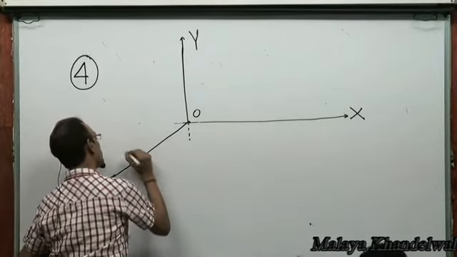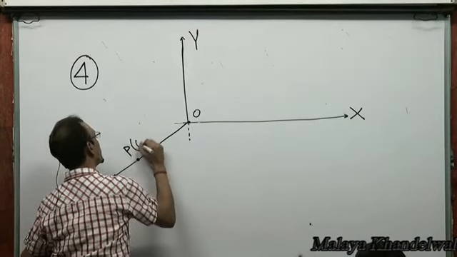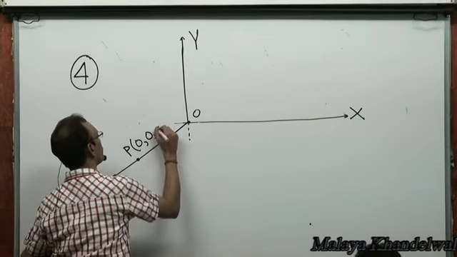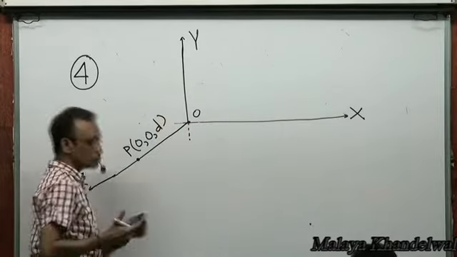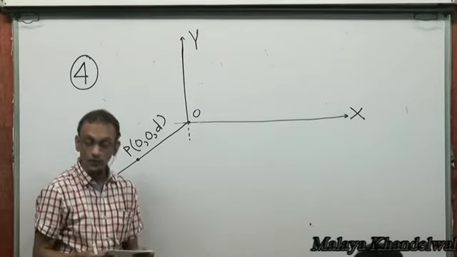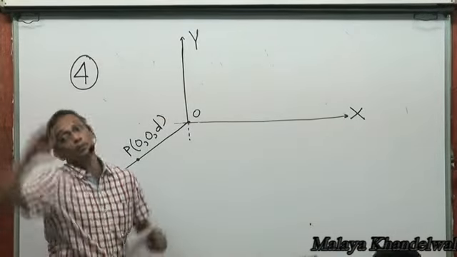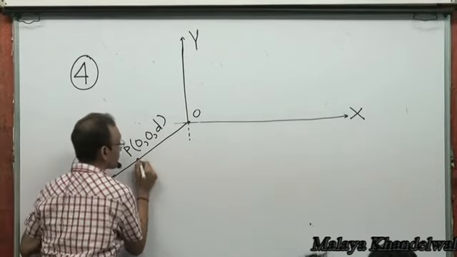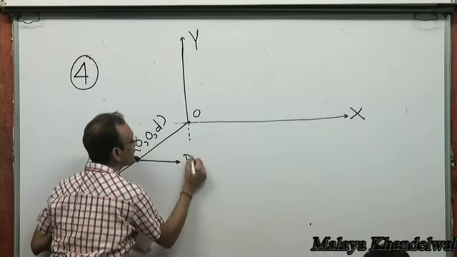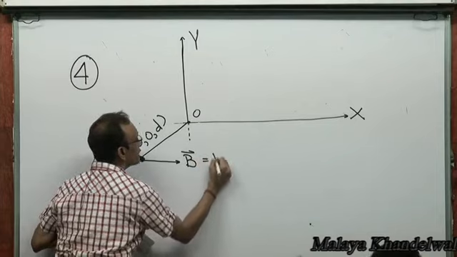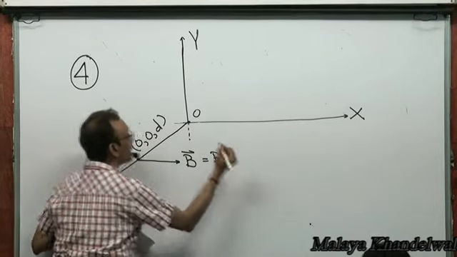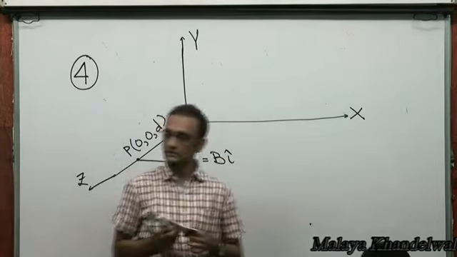So there is a point P with coordinates (0, 0, d), and it's found that the magnetic field at this point is B along the positive x-axis. The magnetic field B is found to be some B times i cap, parallel to the x-axis.